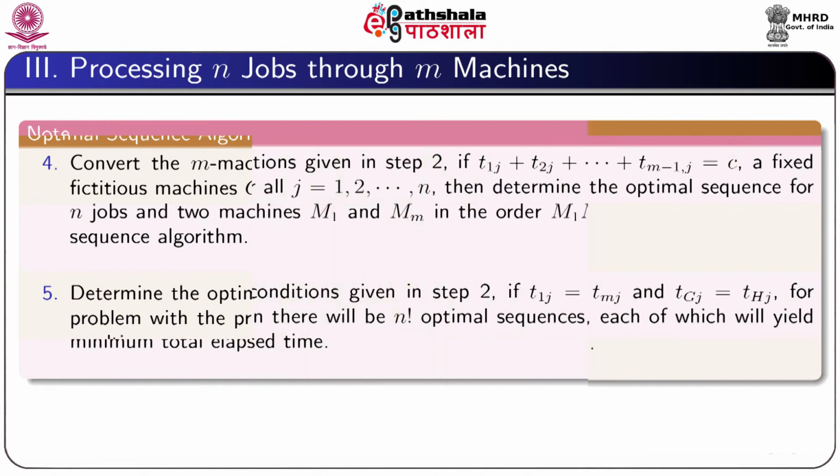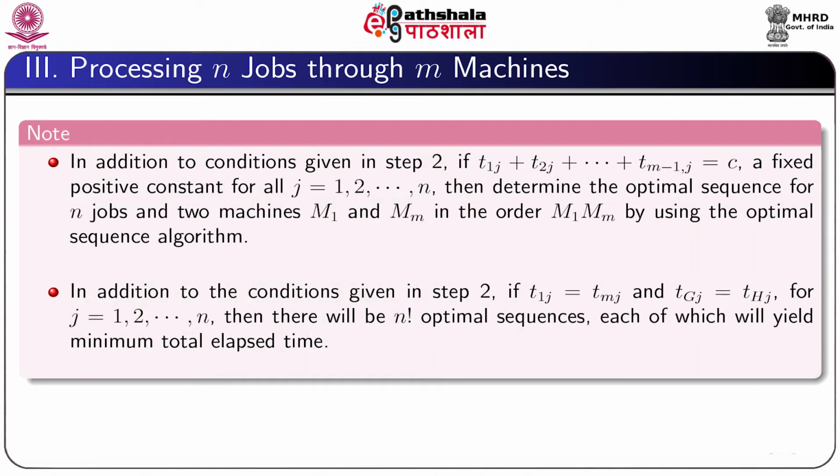Here one thing is to be noticed: in addition to the conditions given in step 2, if T1j plus T2j plus dot dot dot Tm minus 1j is equal to C, a fixed positive constant for all j equal to 1 up to n, then we have to determine the optimal sequence for n jobs and 2 machines M1 and Mm in the order M1 Mm by using the optimal sequence algorithm.